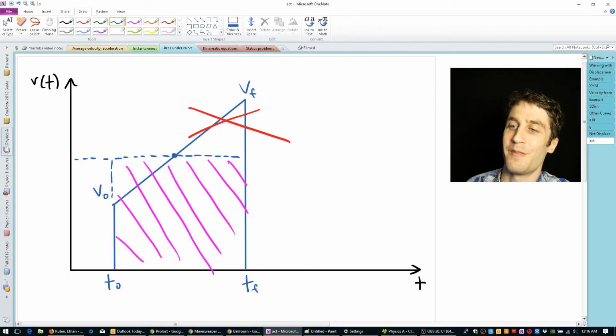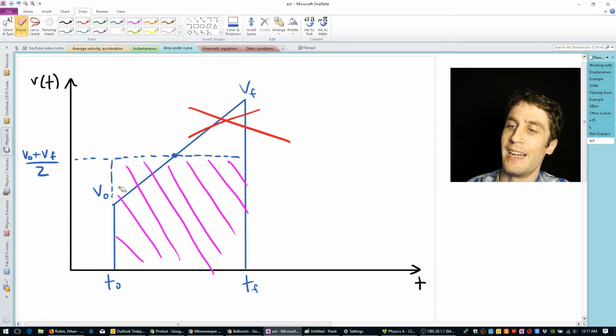Well, the velocity was increasing at a uniform rate, which means it had a constant acceleration. That's very important. It has to be increasing at this linear rate for what I'm about to say to be true, and for us to be able to swing a triangle around as we did. The height of the rectangle that we're looking at is going to be the average of these two velocities: V initial plus V final divided by 2.